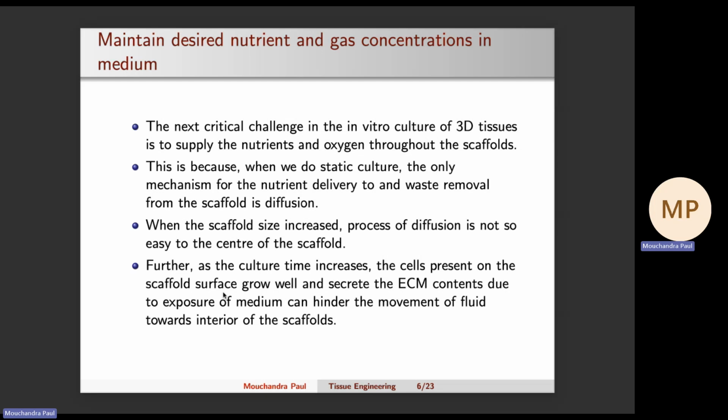They will also secrete the ECM components, and the ECM they will deposit on the scaffold, onto the pore walls inside the scaffold. So that will ultimately reduce the size of the pores, and that again will decrease the rate of diffusion of nutrients, the waste, or the oxygen, etc. So diffusion is not the answer when you are working with a large scale scaffold and when you are going to culture your scaffold for a very long period of time.